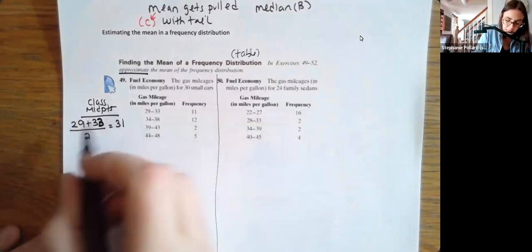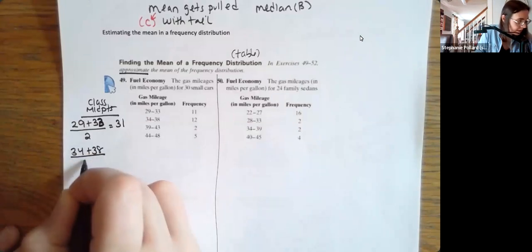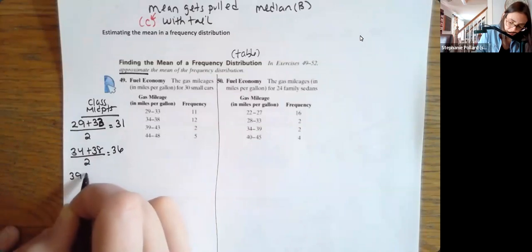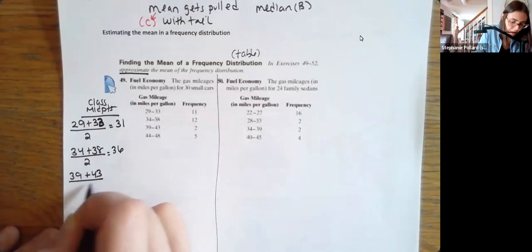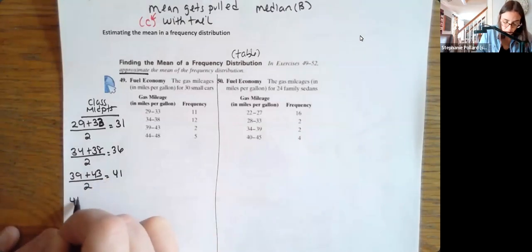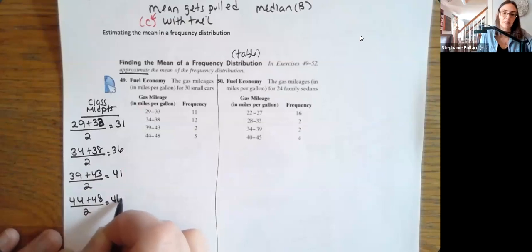And then we do the same thing down the line, right? 34 plus 38, I add those together and divide by 2 and I get 36. For 39 plus 43, I add those together, divide by 2 and I get 41. And then finally, 44 plus 48 added and divided by 2 gives me 46.